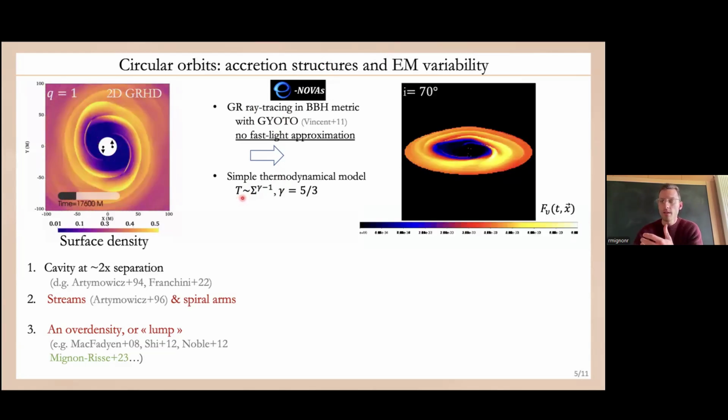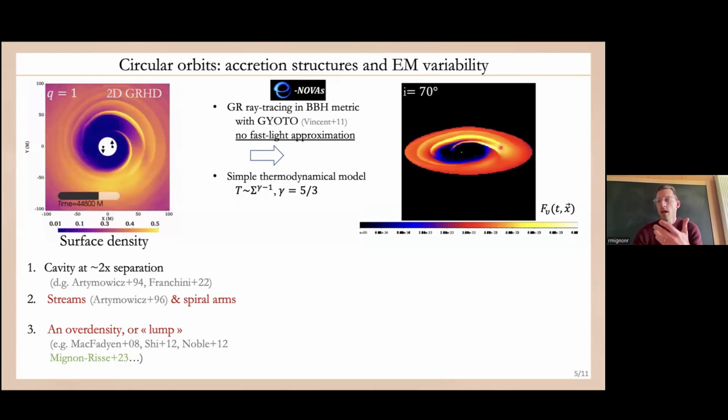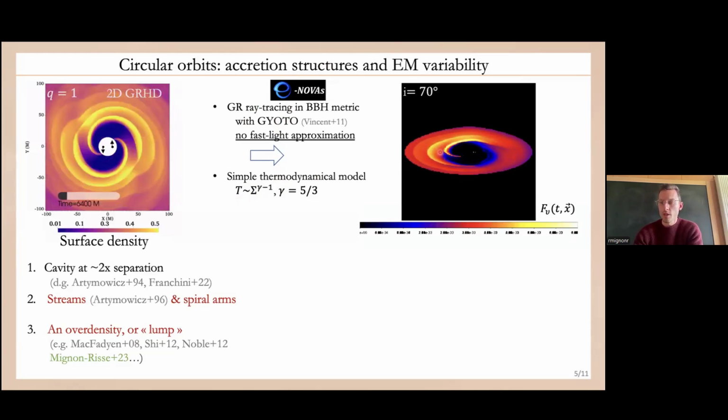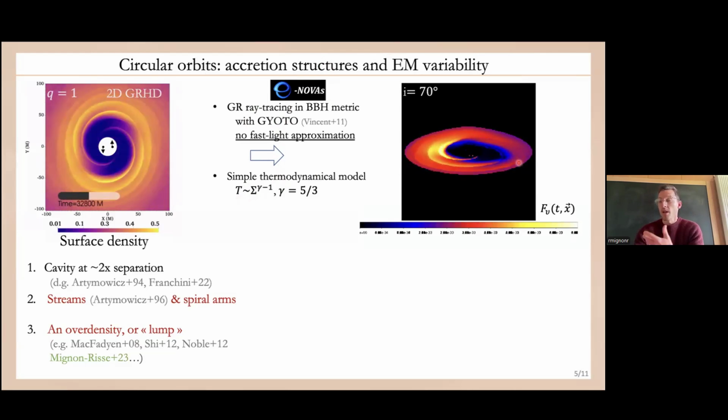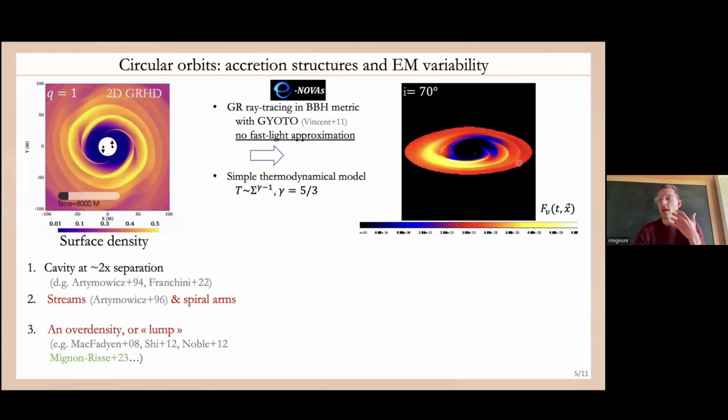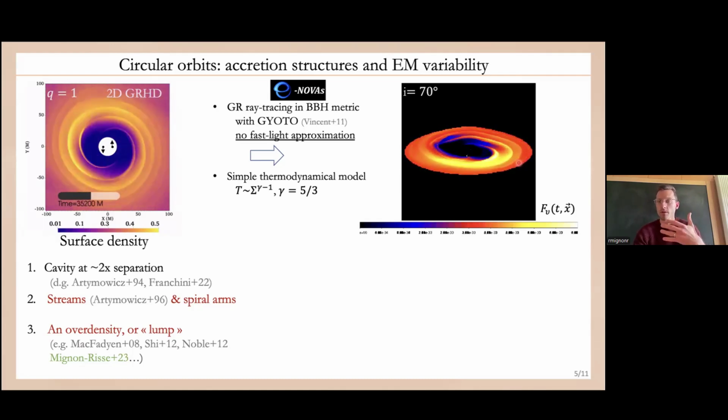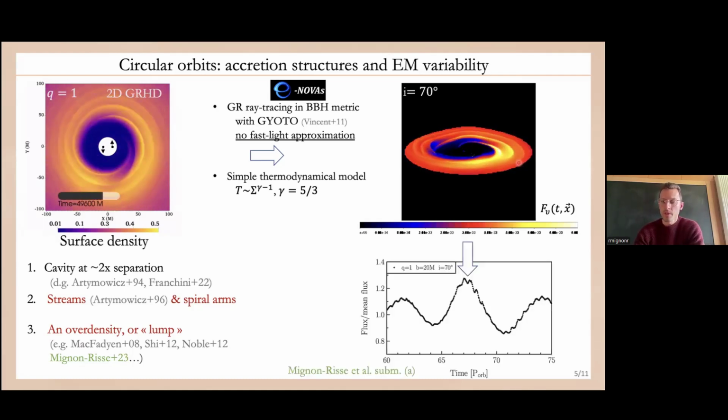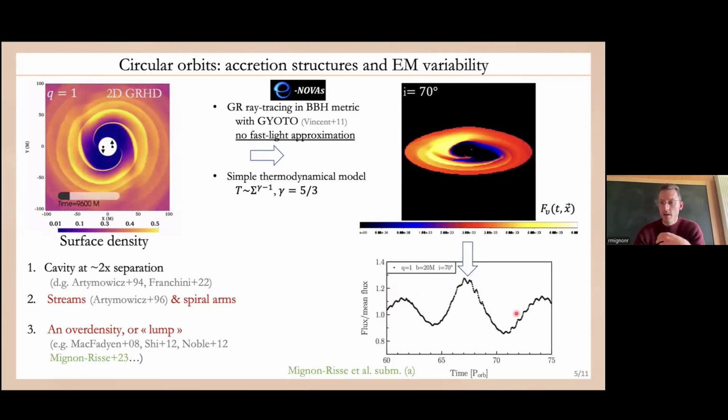And when we do that, we can compute the emission map as a function of time, as a function of the frequency as well, which evolves like this with respect to time. But actually, as most of you know, we are talking about unresolved sources. So the actual observation we will have will be an integrated flux over the source extent, which actually translates into this light curve variability.